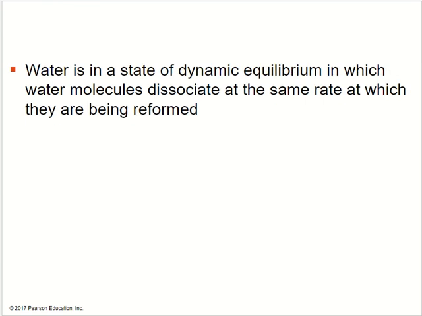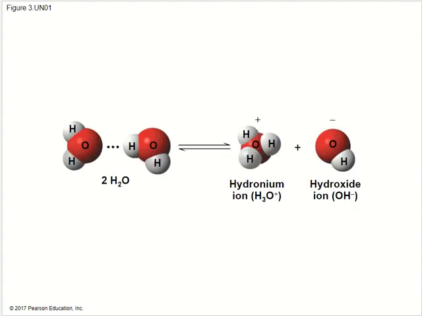Water is in a state of dynamic equilibrium, wherein water molecules dissociate at the same rate at which they are being reformed. So water is constantly forming hydroxide anions and hydronium cations, which are constantly going back to form neutral water molecules, such as here.